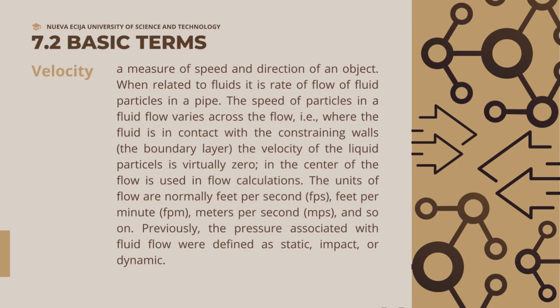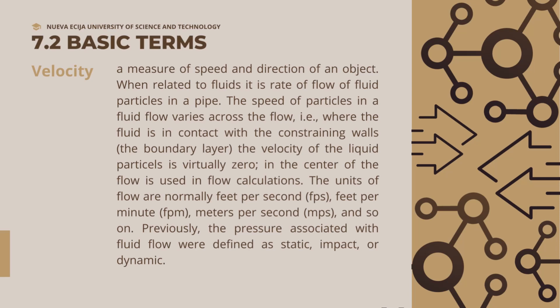7.2, Basic terms. Velocity, a measure of speed and direction of an object. When related to fluids, it is the rate of flow of fluid particles in a pipe. The speed of particles in a fluid flow varies across the flow, where the fluid is in contact with the constraining walls or the boundary layer.